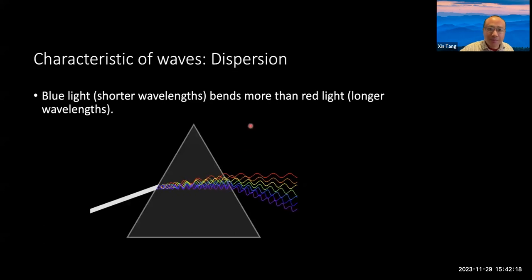Also, because of the wavelength, the frequency difference of the light, if you have combined light fed into the lens or into the glass material, depending on their frequency, they actually have different refractive index.